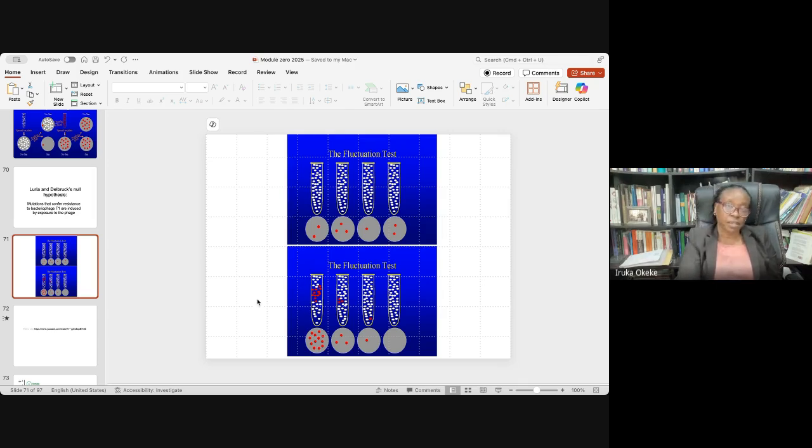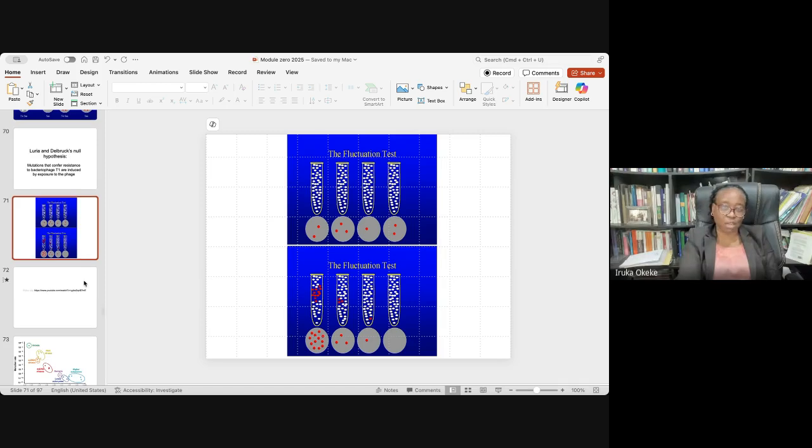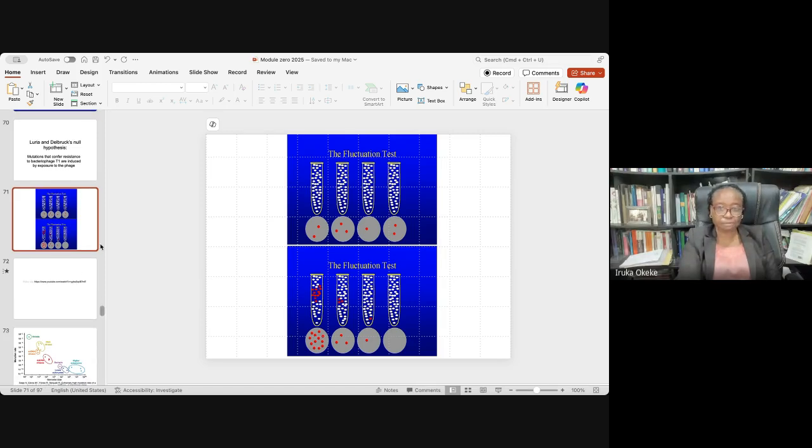The fluctuation test is actually very clever. In fact, now that we know that what's causing it is mutation, we can use the fluctuation test to calculate mutation rates, which is also a very exciting area of microbiology, but one that's beyond the scope of this course. It's actually microbiology, not bioinformatics.